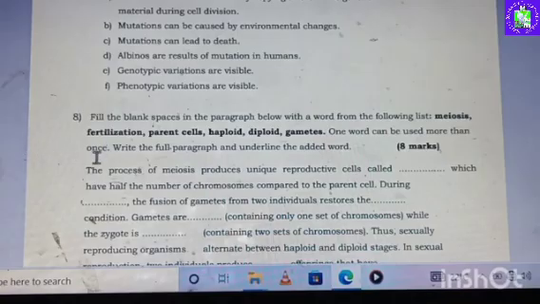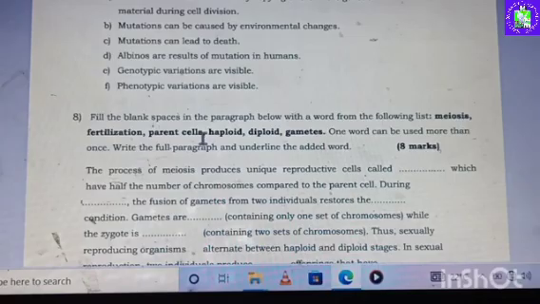Fill the blank spaces in the paragraph below with words from the following list: meiosis, fertilization, parent cell, haploid, diploid, gamete. Let me start by explaining those terms. Meiosis is the way you produce haploid cells.